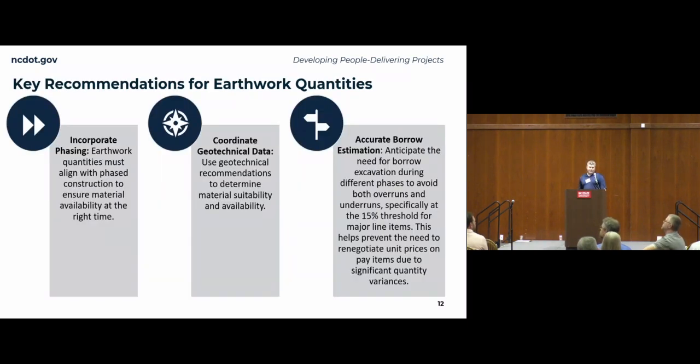So the recommendation is that the earthwork quantities must align with the phased construction to ensure material availability at the right time. For example, there's a project in Division 5 currently where I think about 75 to 80% of the unclassified excavation was in phase 1.